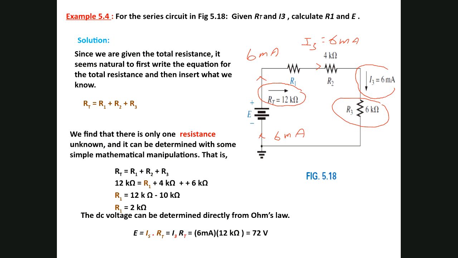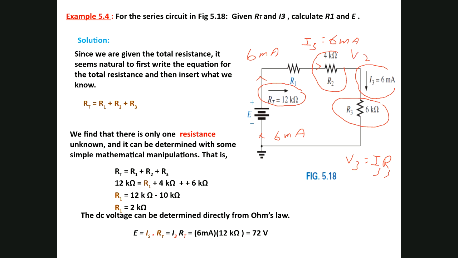What is V3? V3 equals I3 by Ohm's law times R3. What is V2 here? Similarly, multiply the 6 milliamp times 4K, and you will find V2.